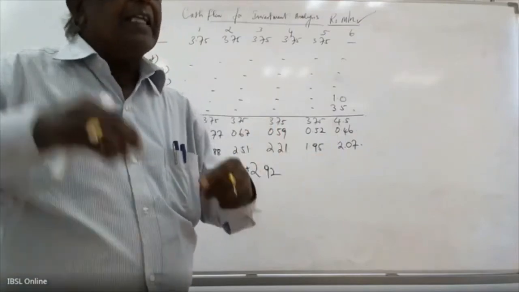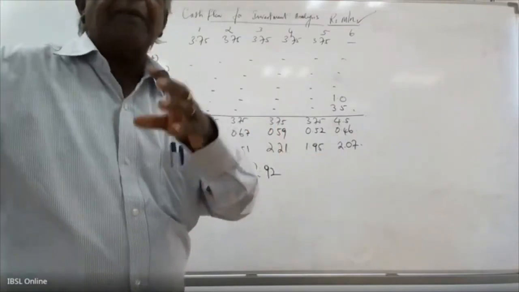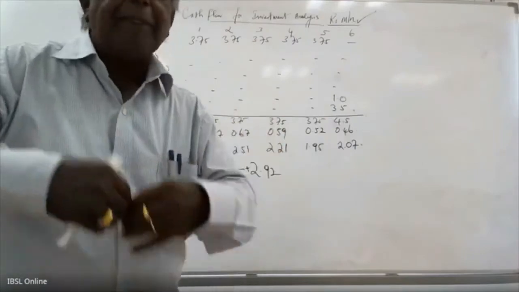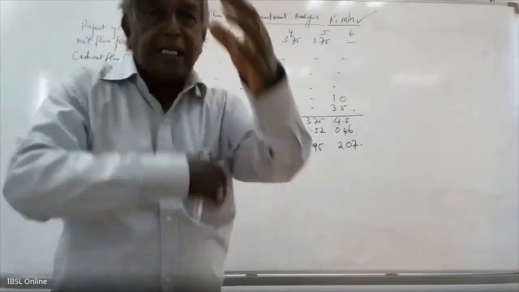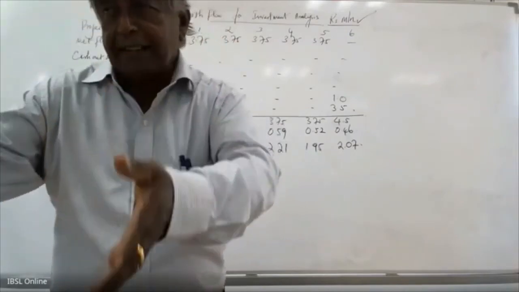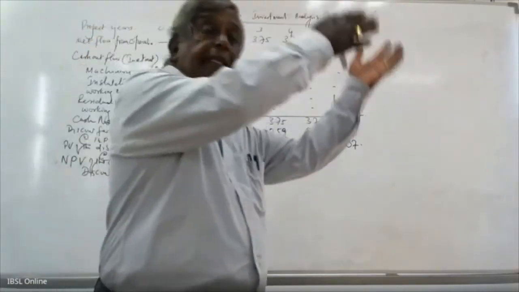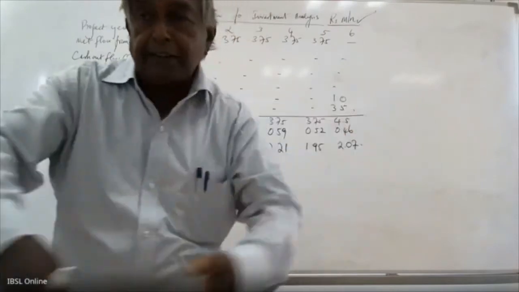Now, when they close the business, this working capital will be there because it is turning. When you sell the goods, get the cash, again you are buying the raw material. So it is going on.